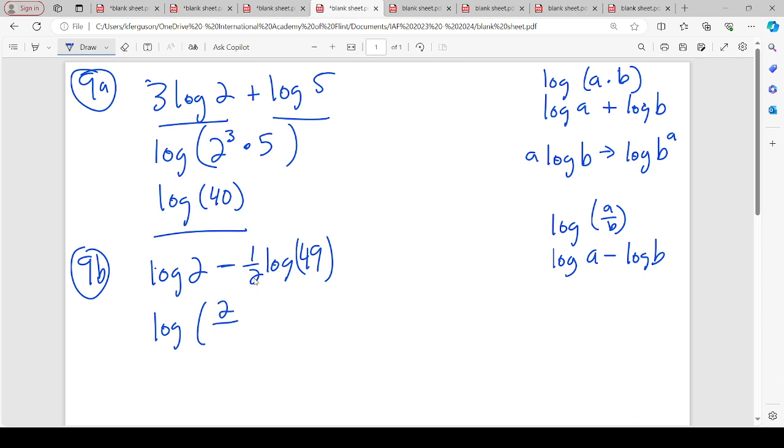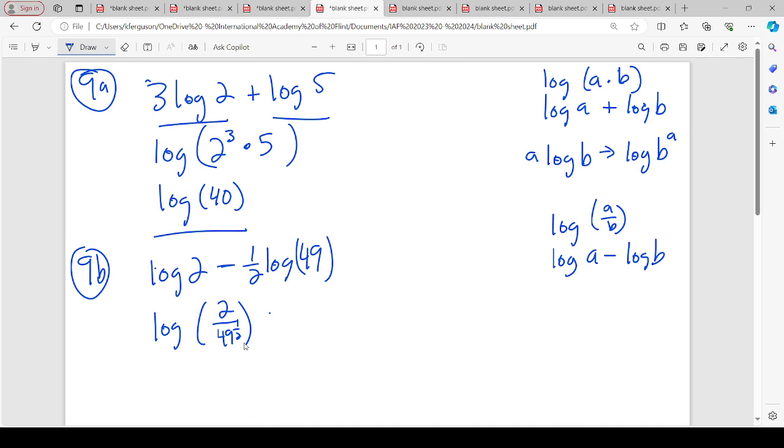Now, what did you just say? Caleb, what were you just saying about 1/2 log of 49? Now, how do we know it's 7? Well, half of 49, yes, but remember it's the exponent. So that's going to be 49 to the 1/2 power. And what do we know fractional exponents are?